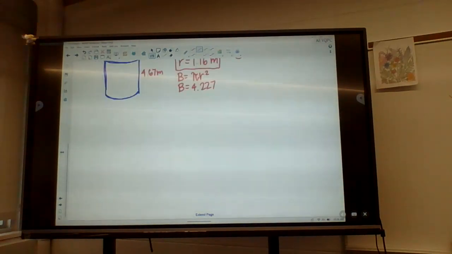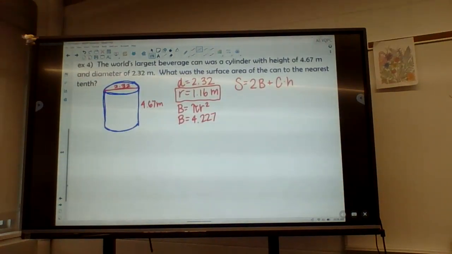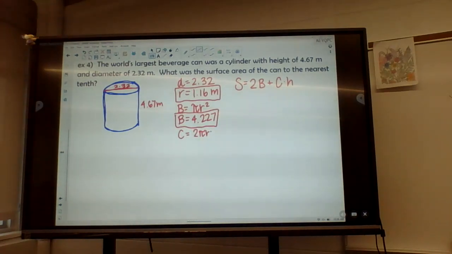So that's our base. Our circumference is 2 pi r, so there's our circumference, 7.288.